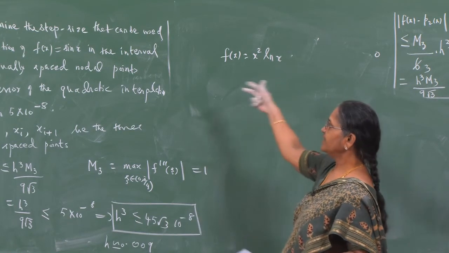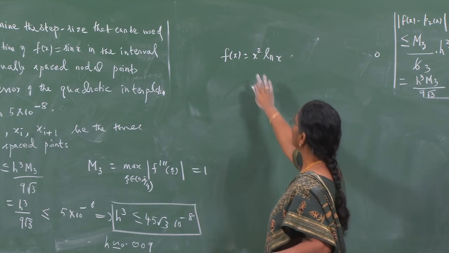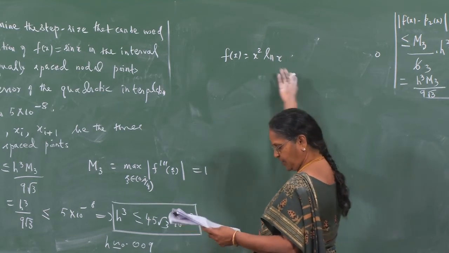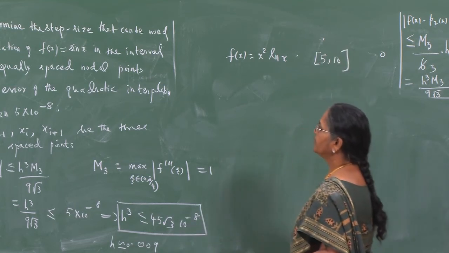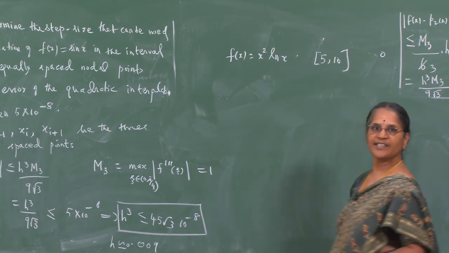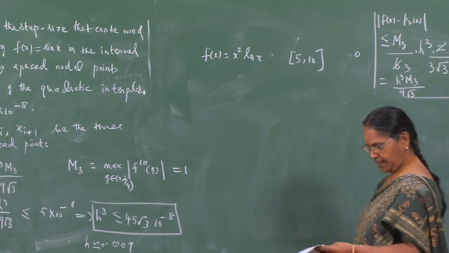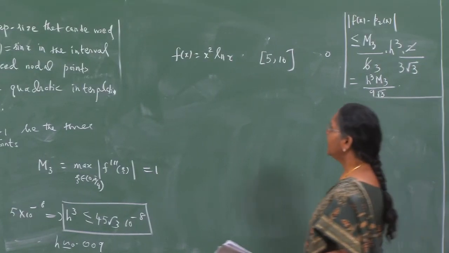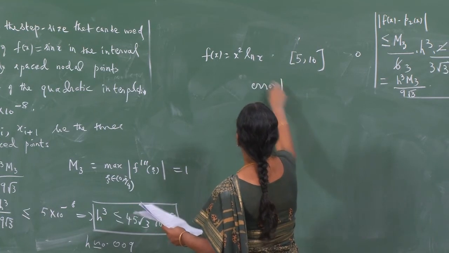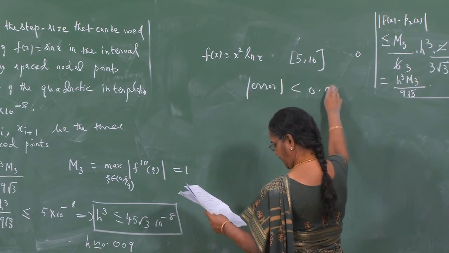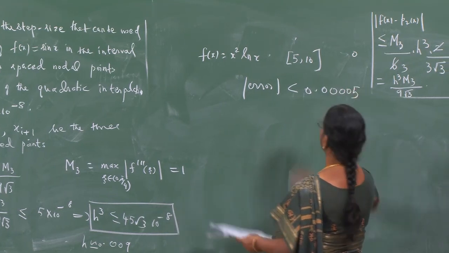The question again is: determine the step size that can be used in the tabulation of this function in the interval 5 to 10 at equally spaced nodal points, so that the error in quadratic interpolation is less than 0.00005.